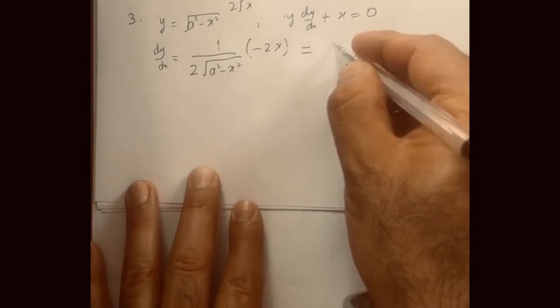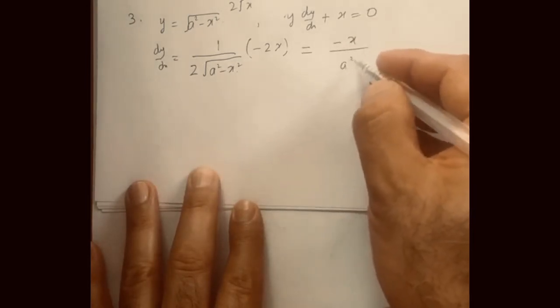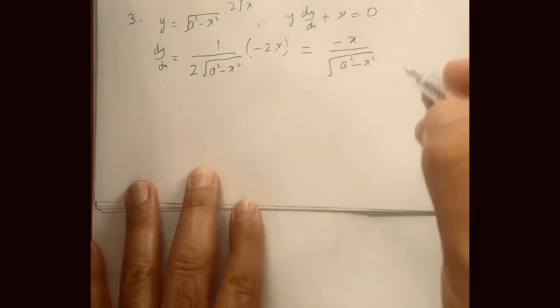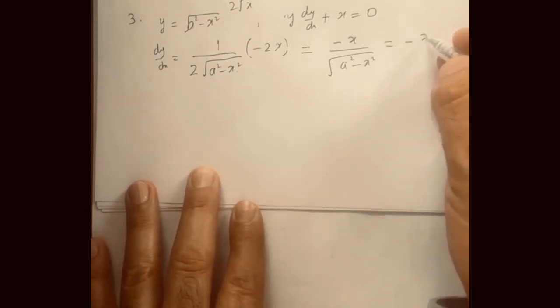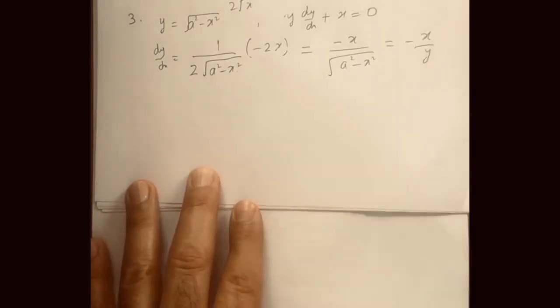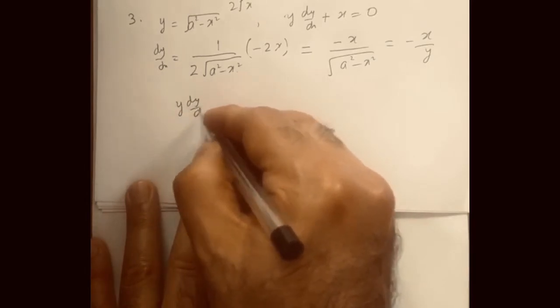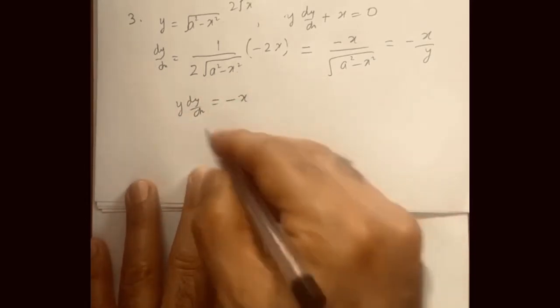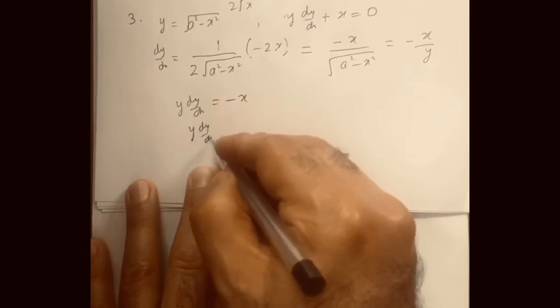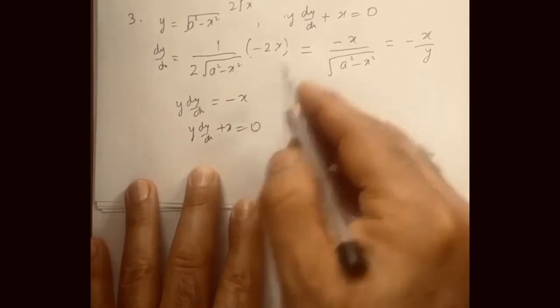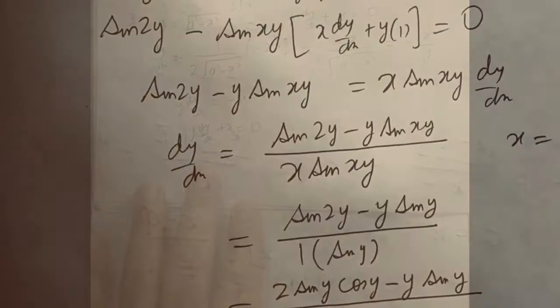Simplifying, this is minus x upon root of a square minus x square, or this is minus x upon y. Cross multiply y into dy by dx, this is equal to minus x, or y into dy by dx plus x, this is equal to 0. This is what we wanted to prove.